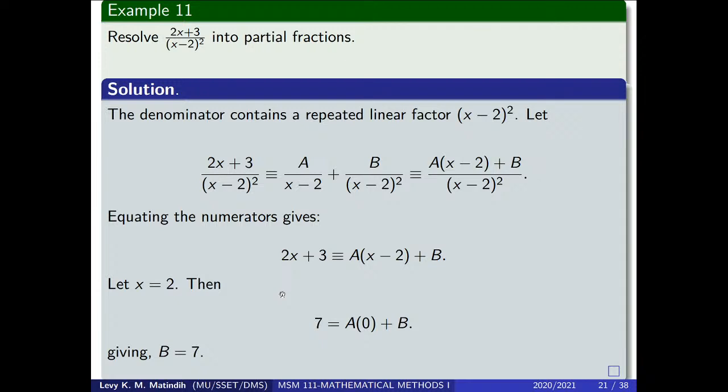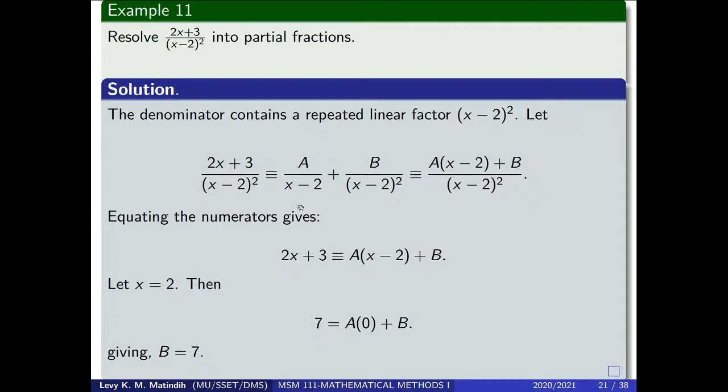board. So in this case, we are going to let 2x plus 3 over x minus 2 to the power 2 be equal to, the first step is you say a over x minus 2 plus b over the square of x minus 2.